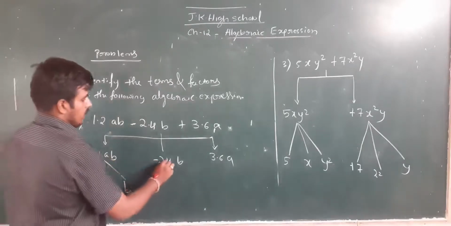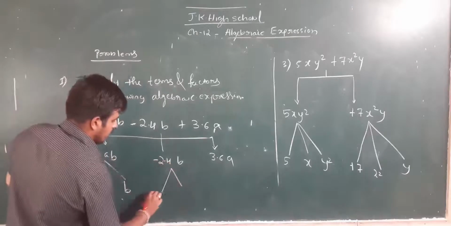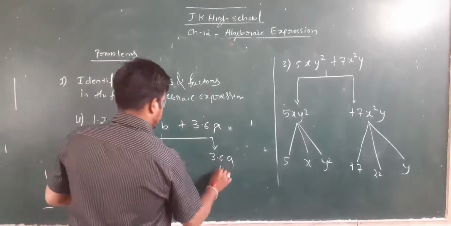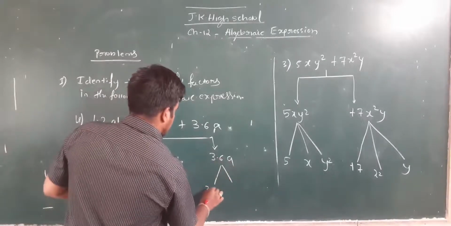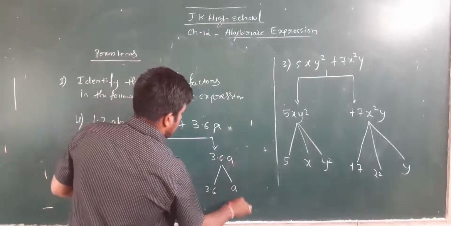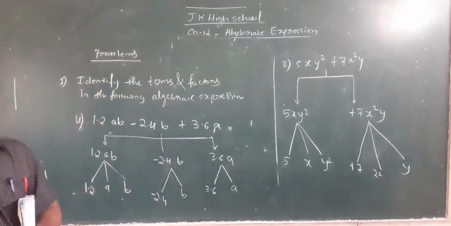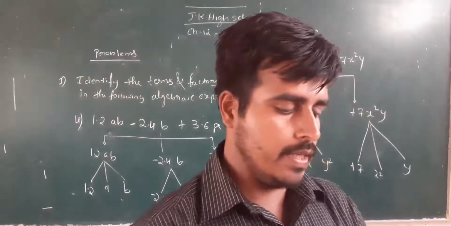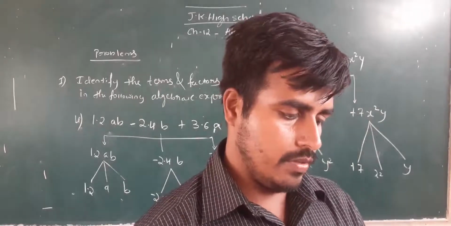This contains two factors, minus 2.4 and b. This contains 3.6 and a. I hope you understood how to find the terms and factors in a given algebraic expression.